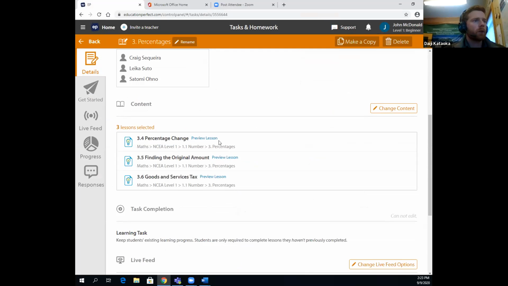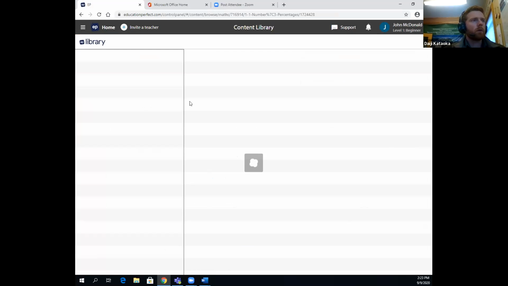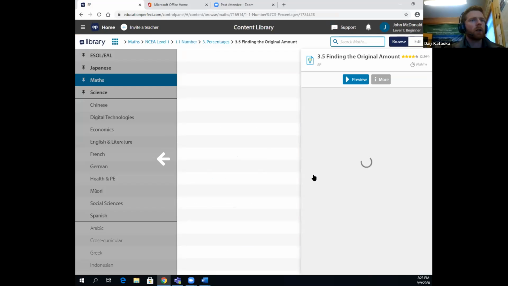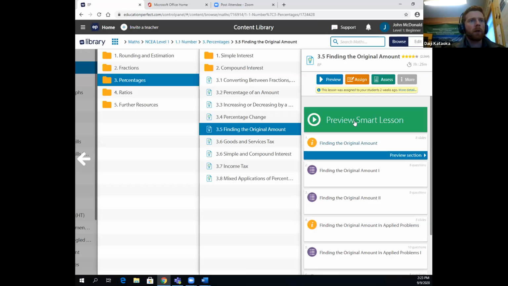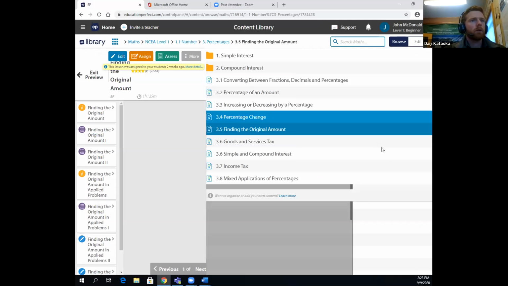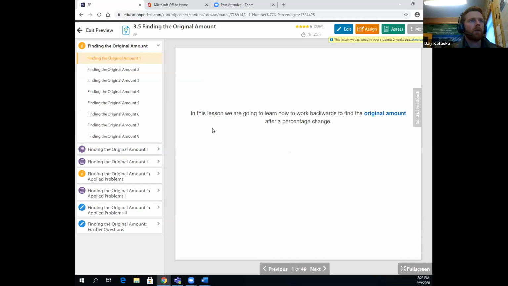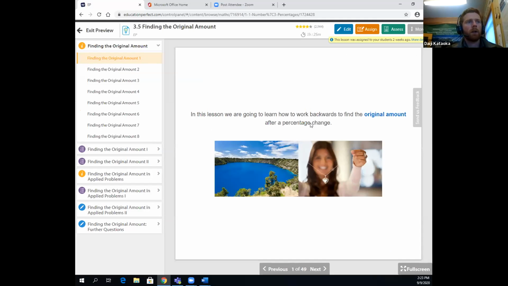Okay, so we've done percentage change. Now let's look at finding the original amount. I'll preview the lesson so you can see what I'm looking at here. It says in this lesson we're going to learn how to work backwards to find the original amount after a percentage change.